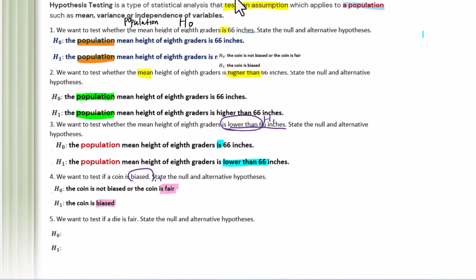We want to test if a die is fair. Fair, this word is related to H0. H1 will be not fair or biased. H0 is the die is fair. H1, the die is not fair or the die is biased.